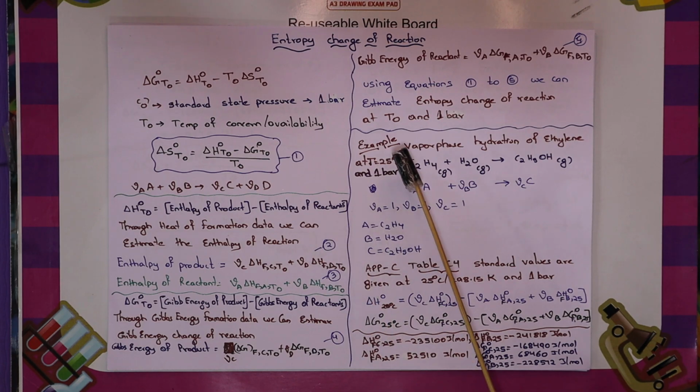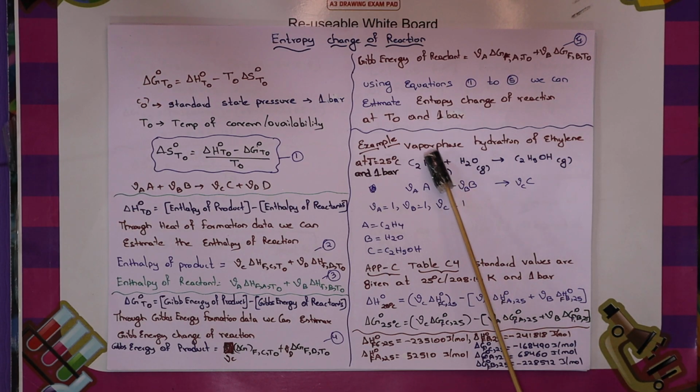To get the change in entropy of this reaction, you should get the enthalpy and Gibbs energy information of all the molecules. If you refer to Appendix C, Table 4 in the Smith, Van Ness and Abbott book, standard values of formation data of ethylene, water and ethyl alcohol are provided.